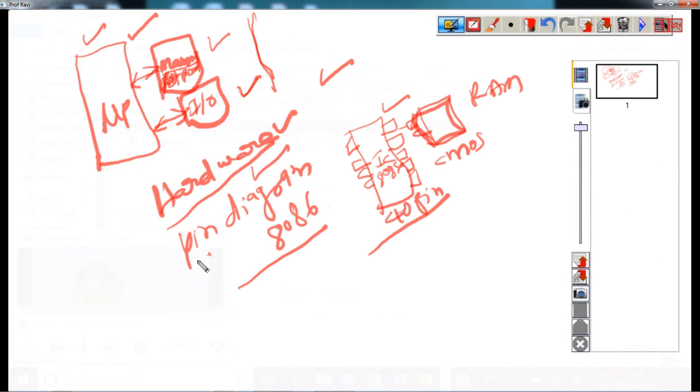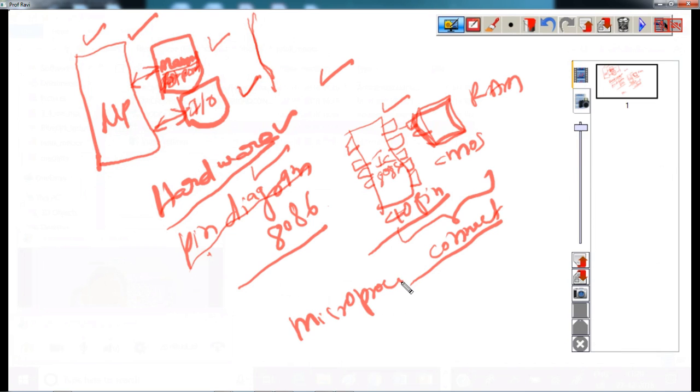So in this class, we will discuss the pin diagram of 8086 so that you can connect. Here we cannot simply call this connecting, we call it microprocessor interfacing.